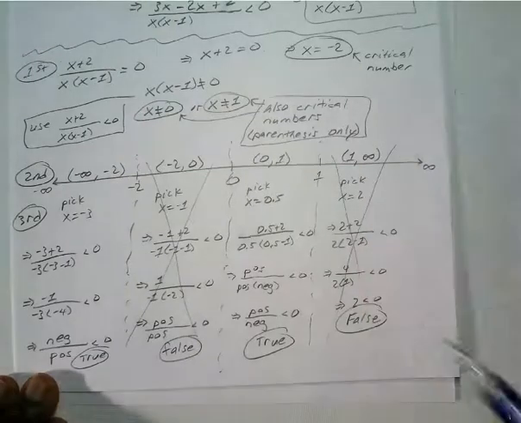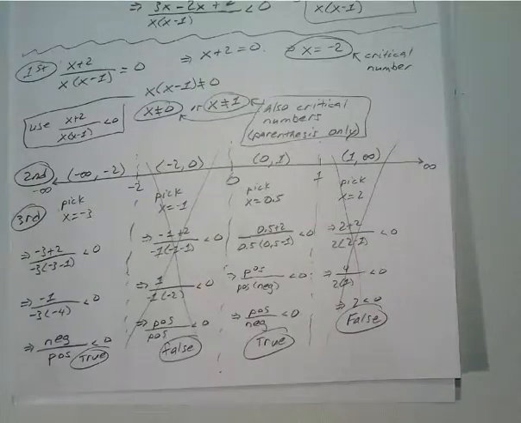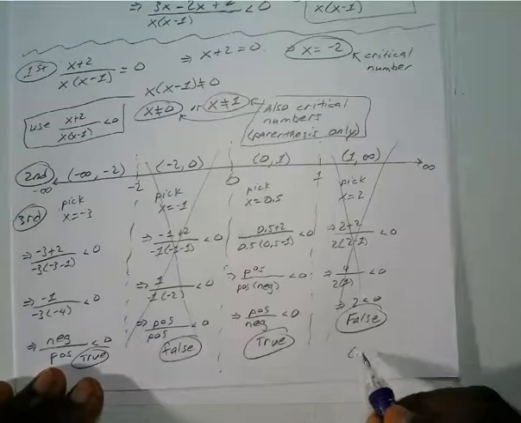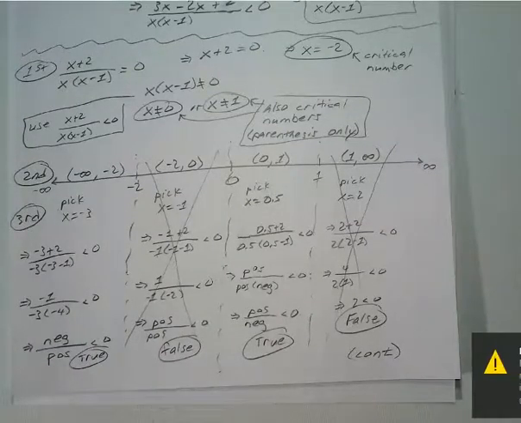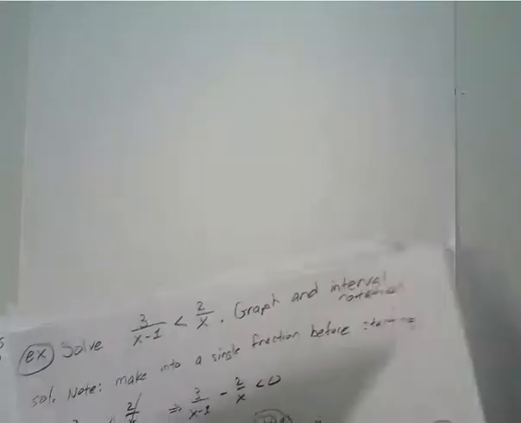So we can go ahead and cross that one out. All right, so we're going to continue this on the next page. If you are still writing, please feel free to press pause. But we're going to go ahead and continue.